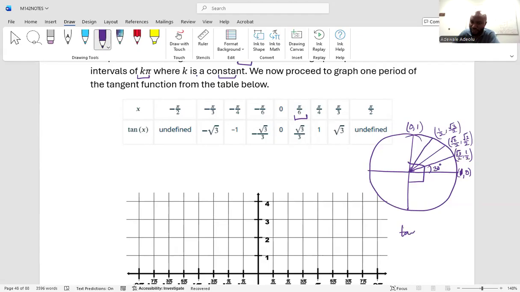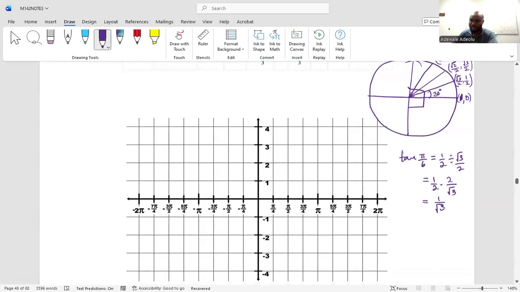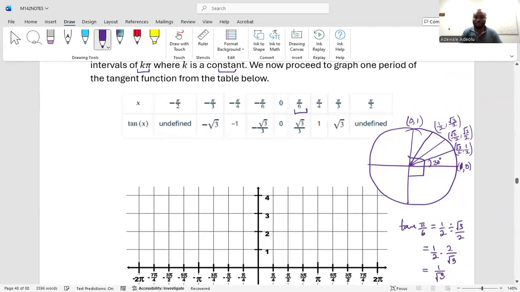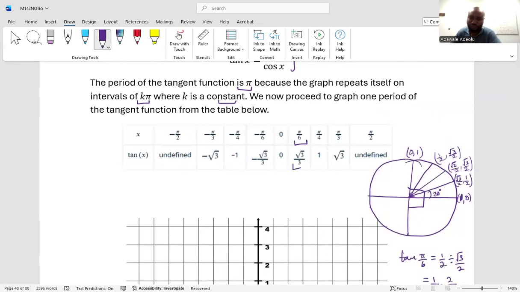So tangent of pi over 6 is sine of pi over 6, which is 1/2, divided by cosine of pi over 6, which is root 3 over 2. And that is 1/2 times 2 over root 3. And that is 1 over root 3. I need to rationalize that as we have agreed to do in this class. So that is root 3 over 3. So I have it to be root 3 over 3.